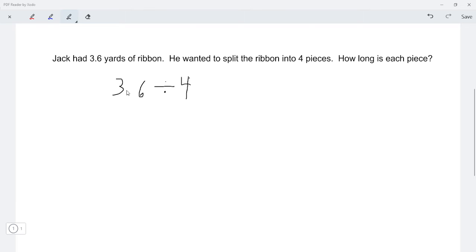No, because this is not equal to 4 yards, right? So it's always good to just think, does this answer make sense? Have I created ribbon out of nothing? Right? There are no ribbon miracles.